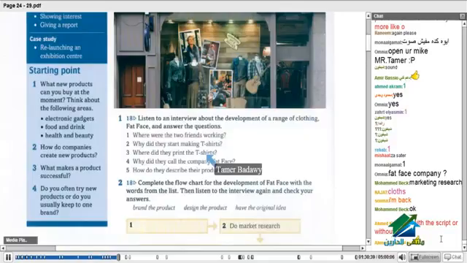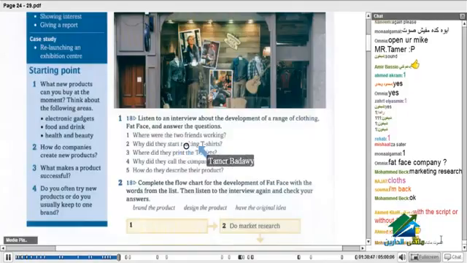The listening, the audio you will have now, is the story, or the process of the development of these products. It was an idea. Two friends are working somewhere. We will know where it is. And then they got an idea of making t-shirts and selling them in such a place.